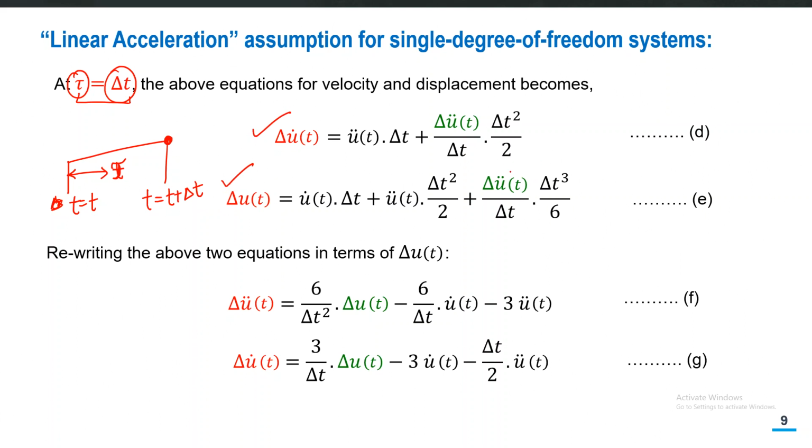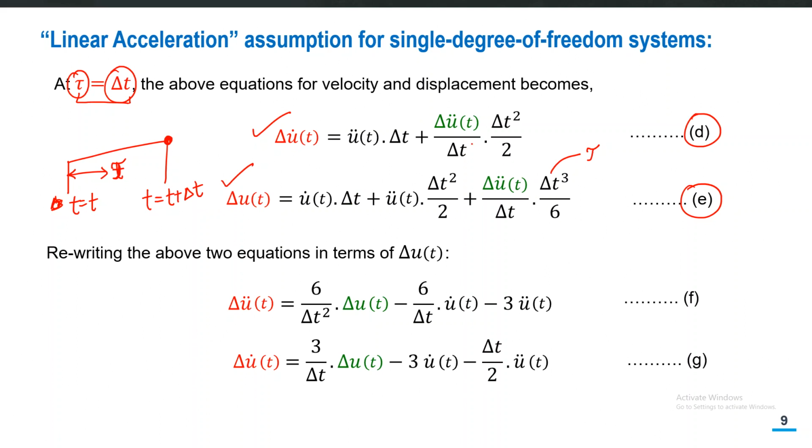So if we replace tau with delta t in equations B and C, we will get equations D and E. Here you can see that tau cube is replaced by delta t cube. Similarly, tau square is replaced by delta t square. Here also tau is replaced by delta t. Same in equation D also.